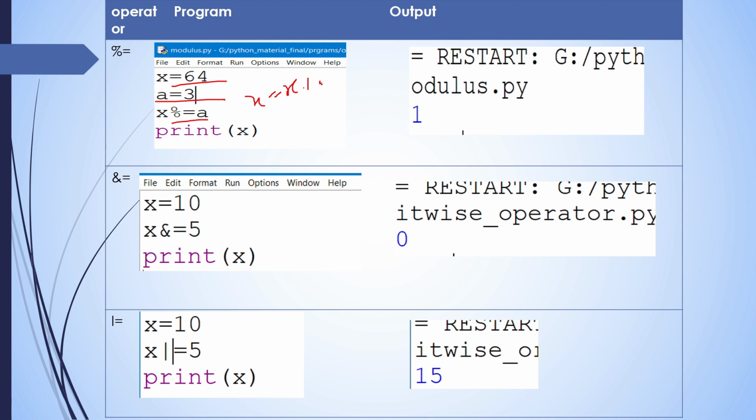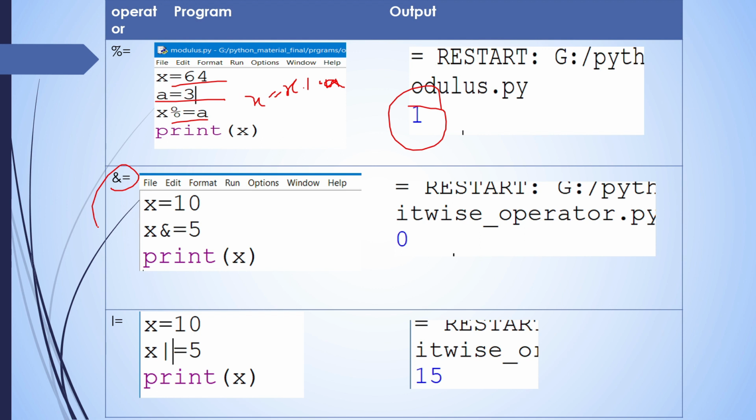That means it displays the remainder. So 64 modulus 3, what is the remainder here? So the remainder is 1. So modulus operator always outputs the remainder.